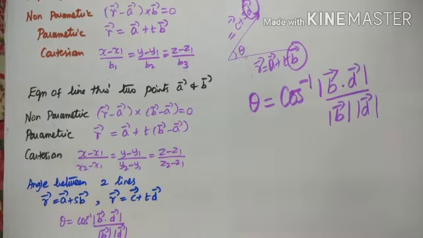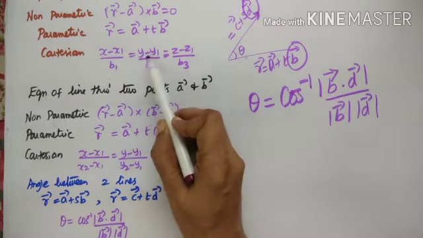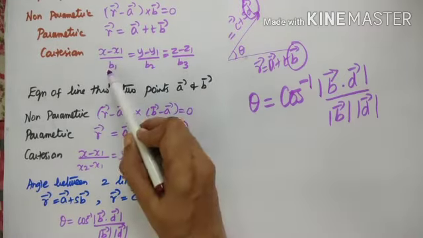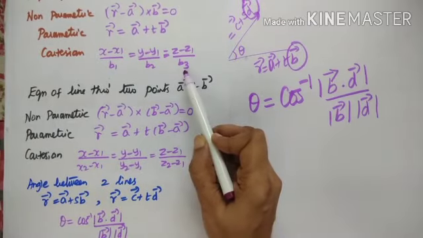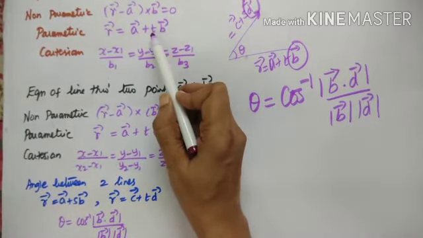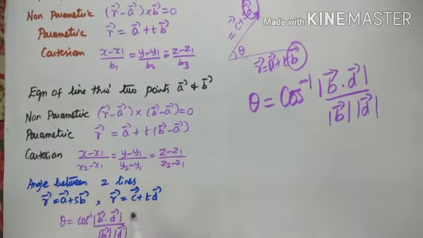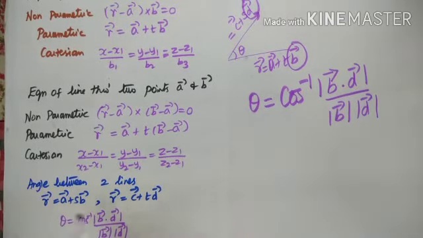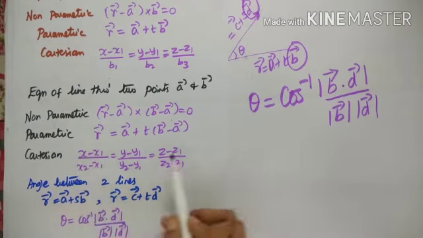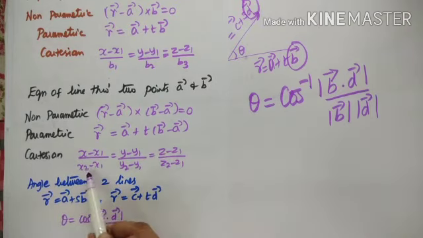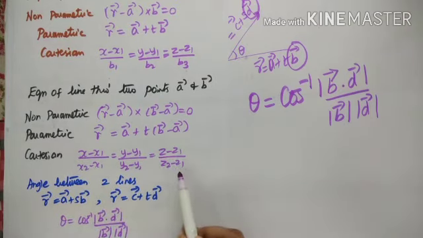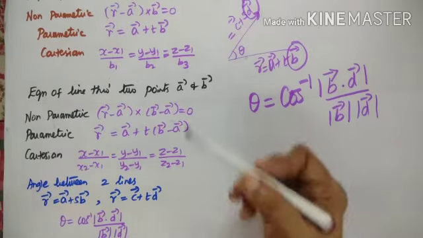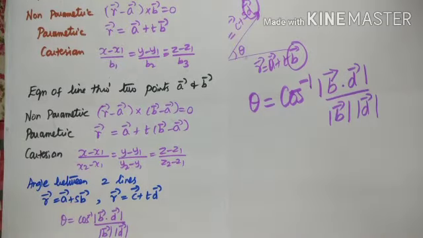The major ideas to remember: point will come in the numerator, direction will come in the denominator. Direction will come along with T, or along with S like that. When 2 points are given, the difference of the 2 points is nothing but the direction. So having this in mind, let us proceed with the exercise.